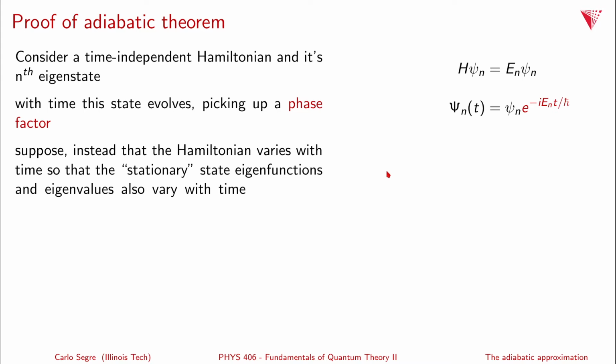Now, let's imagine that instead the Hamiltonian itself varies with time. So stationary state eigenfunctions and eigenvalues also have to vary with time, right? If H varies with time, then psi has to vary with time, and E has to vary with time. Everything has to vary with time. So now my eigenvalue equation says H of t applied to psi sub n of t is equal to E sub n of t times psi sub n of t.